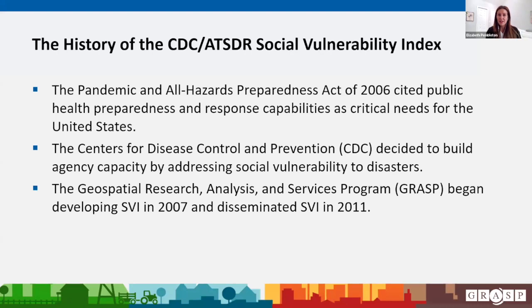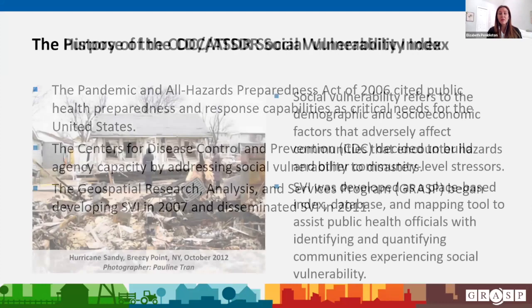So CDC decided to build agency capacity in public health preparedness and response by addressing social vulnerability to disasters and public health emergencies. From this, a group of social scientists and statisticians within GRASP began developing the SVI over 15 years ago in 2007 and released the first iteration of the SVI in 2011.